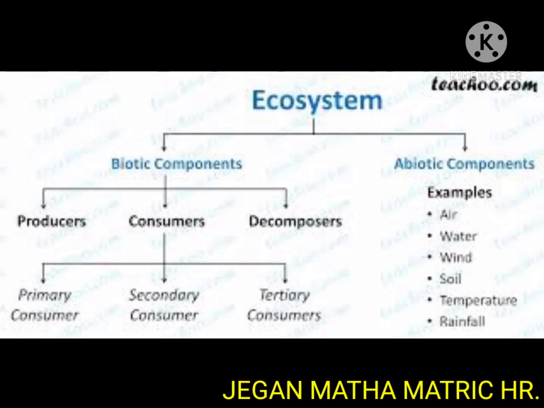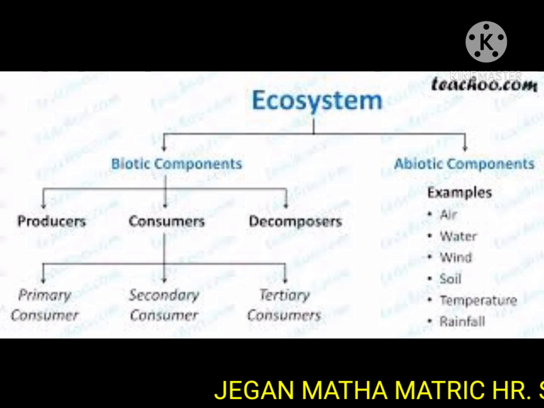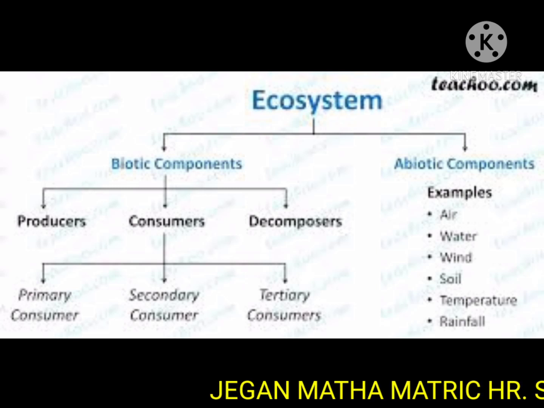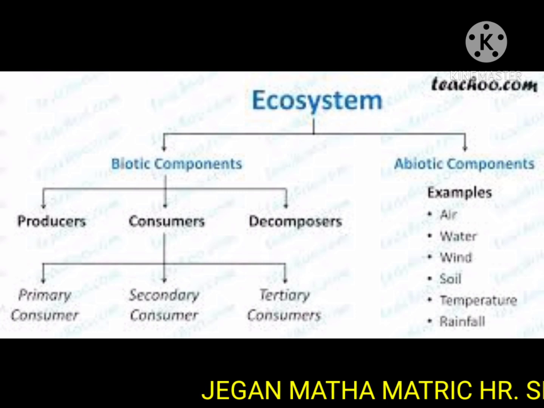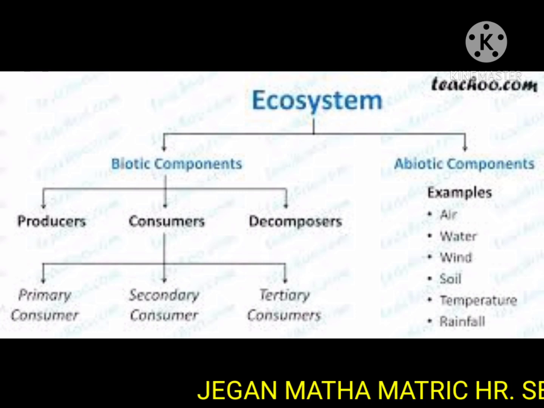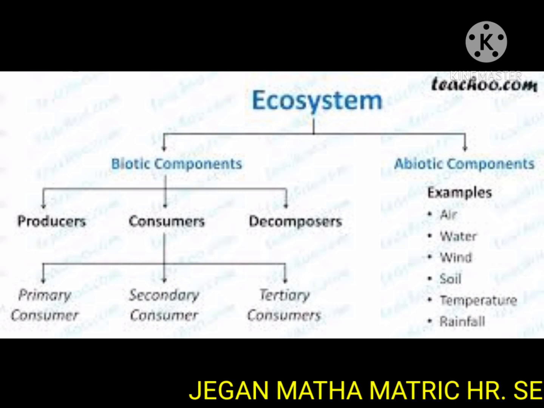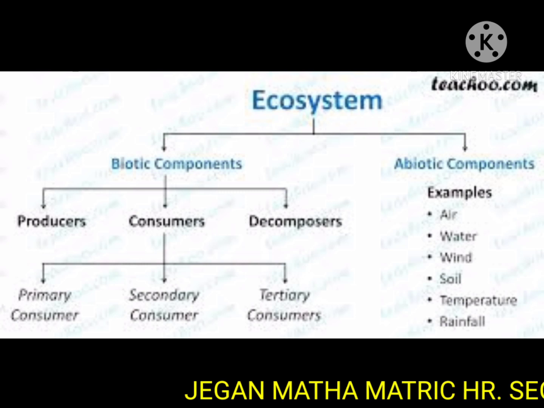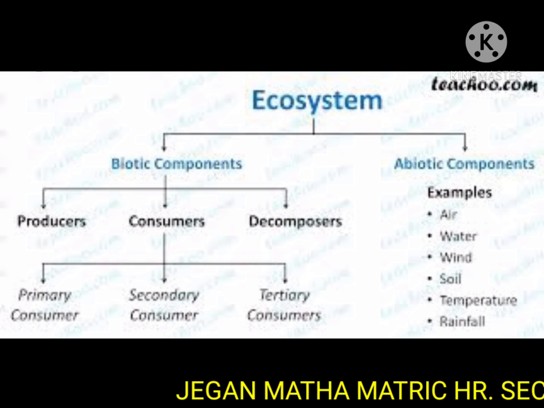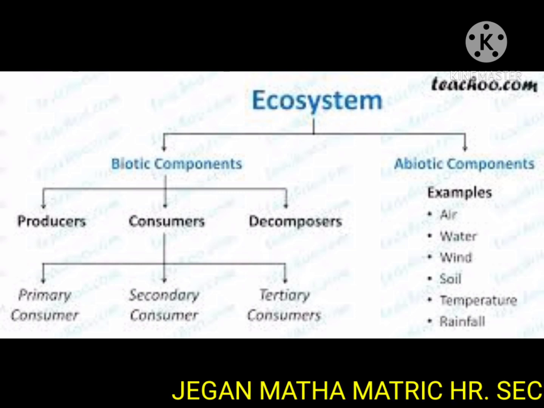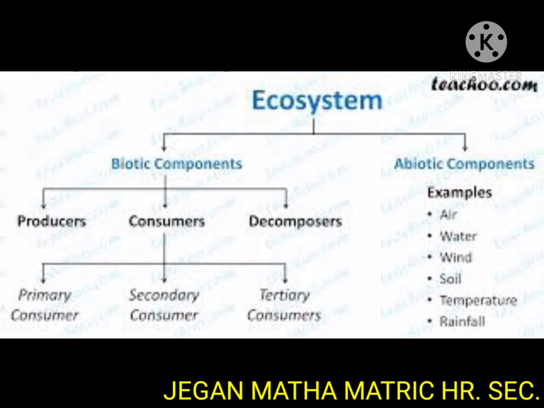Components of an ecosystem. It is divided into two types: biotic components and abiotic components. Biotic components include all the living components, for example plants, animals, and human beings. Abiotic components include all the non-living components.